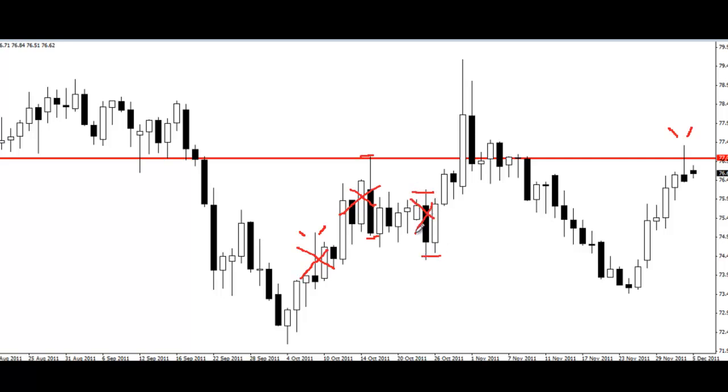Didn't work. We had a lovely 2-bar reversal. Did work. And now, of course, we've got this pin bar. What is the difference between this pin bar and these three failures of price action signals over here? Well, the difference is where the price action is located.